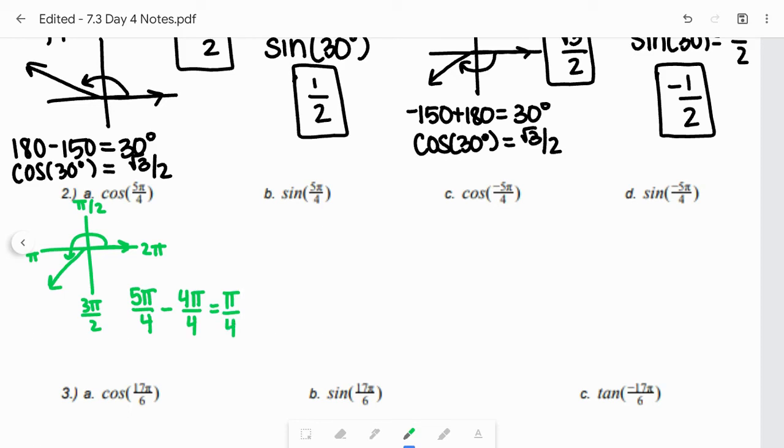So my reference angle is pi over 4. Okay, so cosine of pi over 4 is equal to root 2 over 2. But again, we have to remember that we are in the third quadrant, so my answer is going to be negative root 2 over 2.